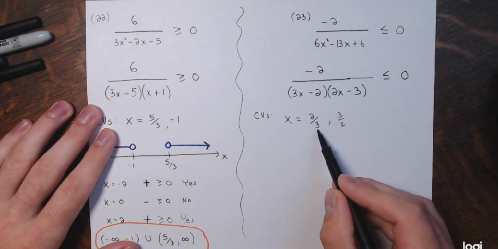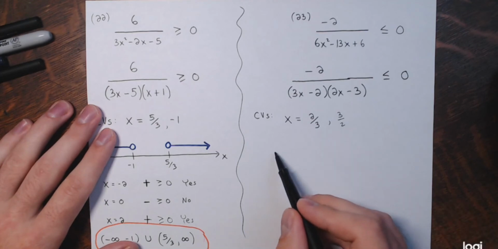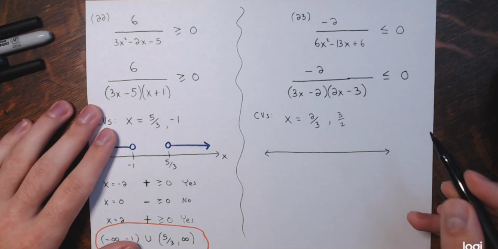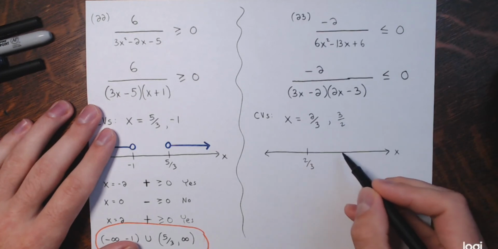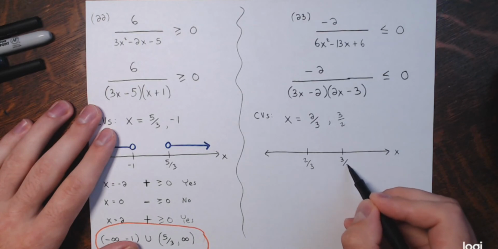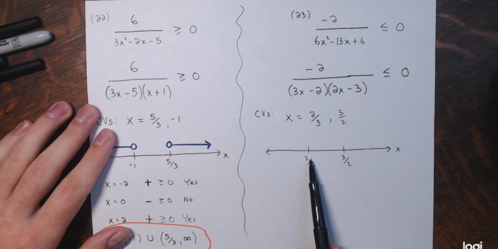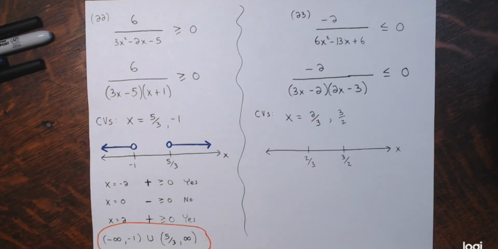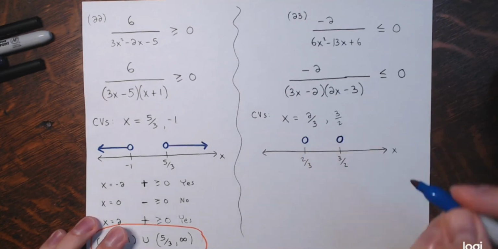So it's like 0.6666666 forever, and this is 1.5. Right. So putting these on a number line, 2/3 is less than 3/2, right? So 2/3 shows up to the left of 3/2 on the number line. And once again, as in the previous several examples, neither of these numbers would be a solution because they make denominators 0, right? So open points above both of these.